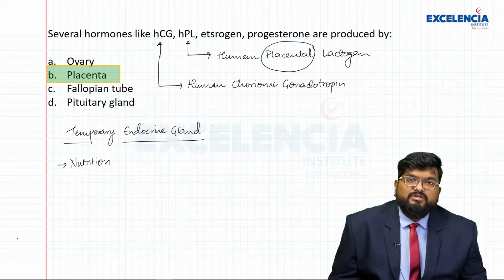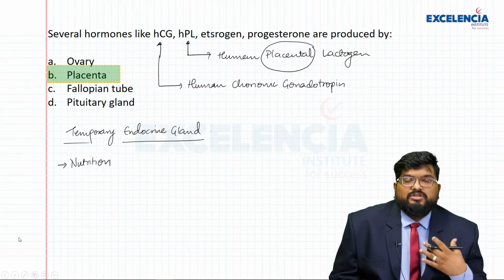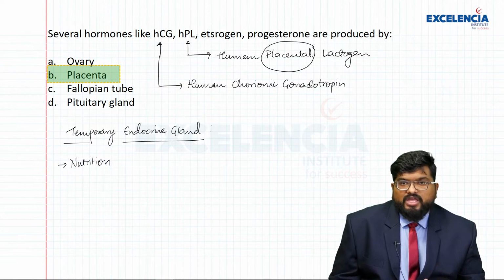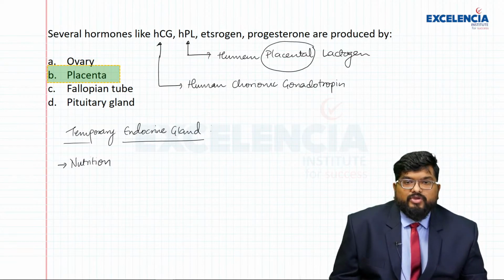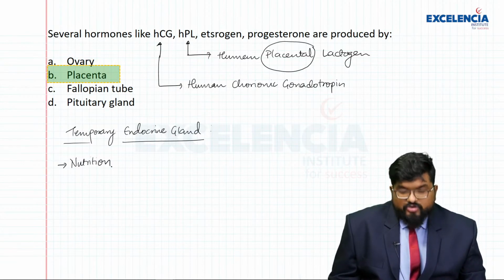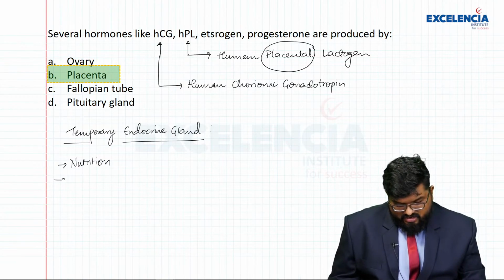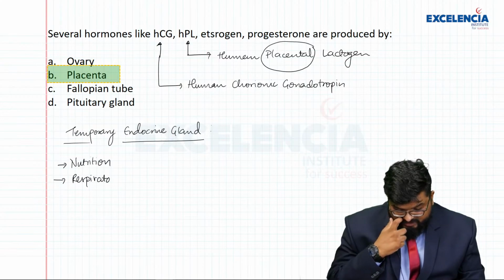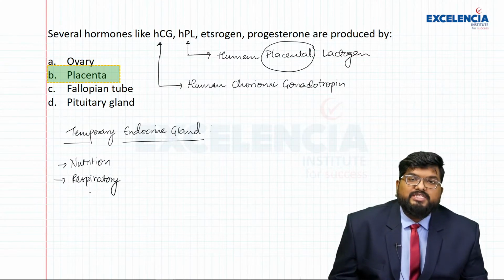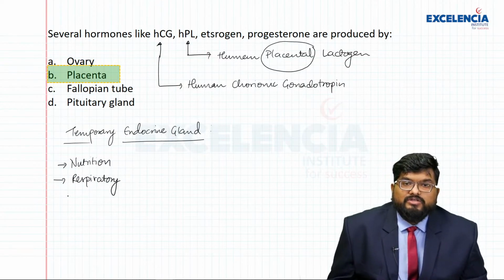It gives the oxygen, glucose, etc. to the developing fetus, developing embryo. Okay, nutrition. Then its function is what? Respiratory. Why respiratory? Because it's through the placenta that the embryo gets oxygen.